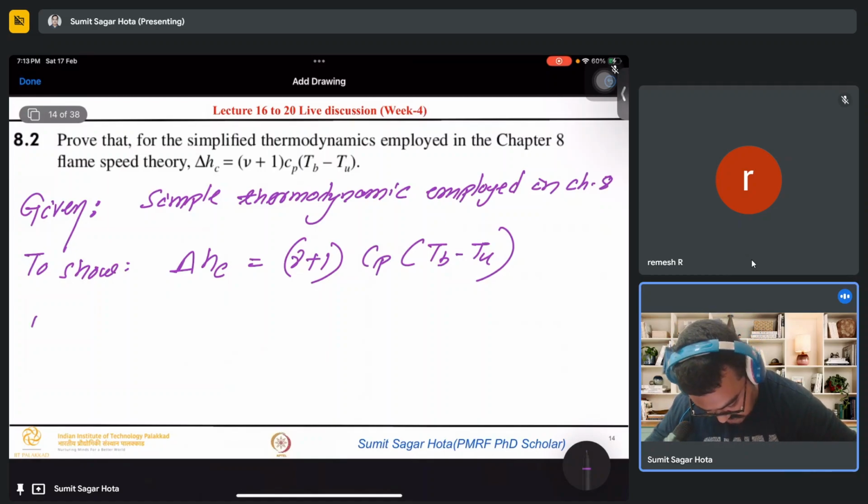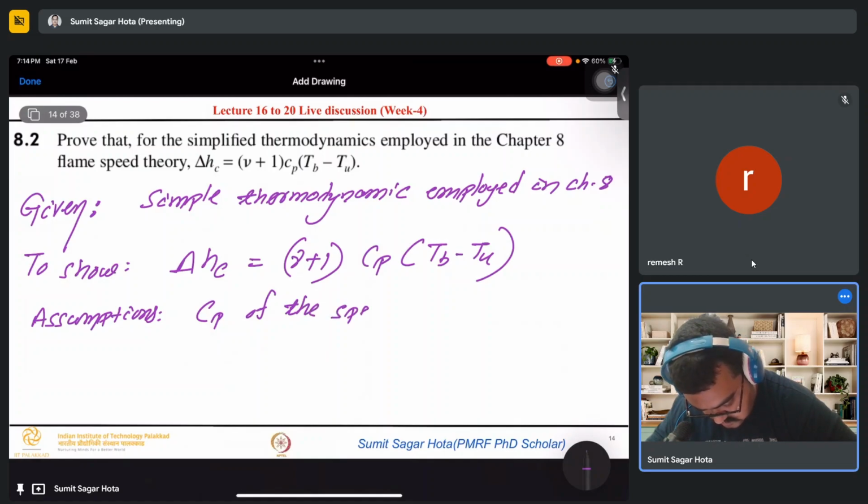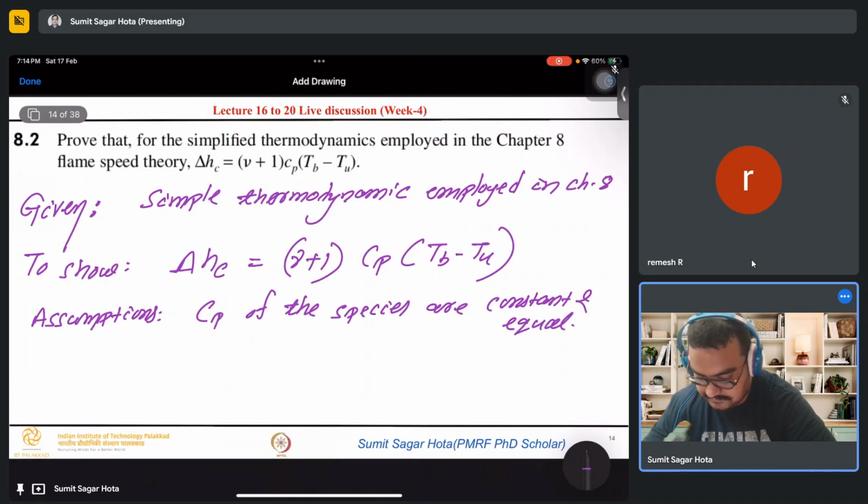So what are the assumptions I can take? Now in this question nothing is given, only written simple thermodynamics.